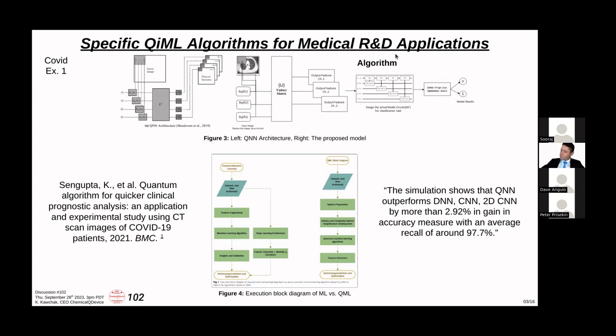Yes. So the statement on the right is pretty fascinating in terms of the improvement in gain and the average recall as well. The question I had is around the data sets. Was the amount of data used the same or similar, or are we in a state to say that while using the quantum networks, we can potentially get the same amount of gain and recall with a lesser amount of data?